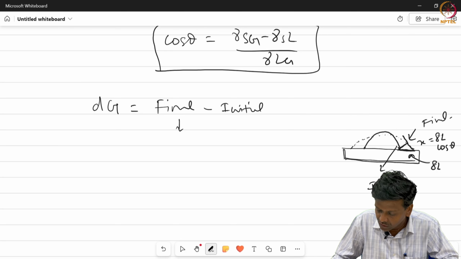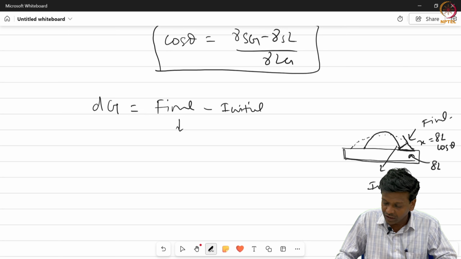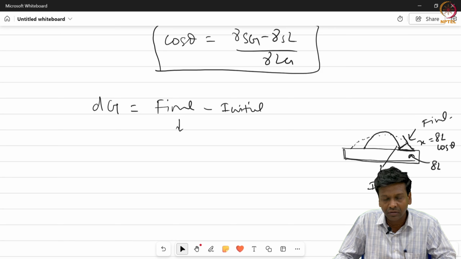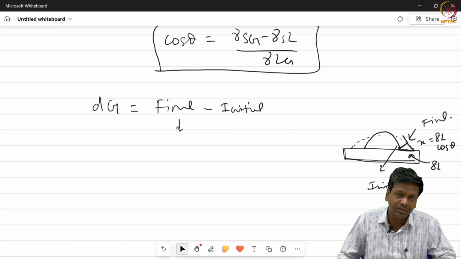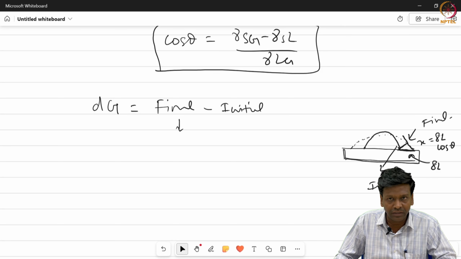So this part also we know. Because of the spreading, gamma SG is replaced by gamma SL, so that gamma SG is lost. At the same time, because a new surface is created as the droplet spreads, you will also have a change in area associated with gamma LG. So you will have a component there, gamma LG delta L cos theta.